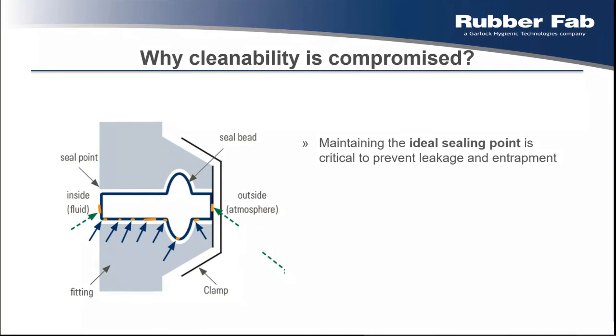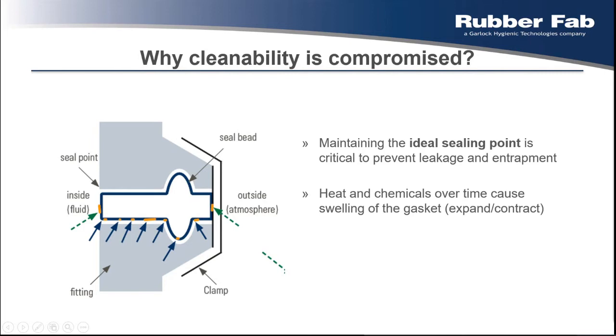And it represents the critical point to seal and prevent leakage and entrapment risk, like I said. It also makes sure that the product does not reach between the gasket and the flanges. That's what entrapment stands for.